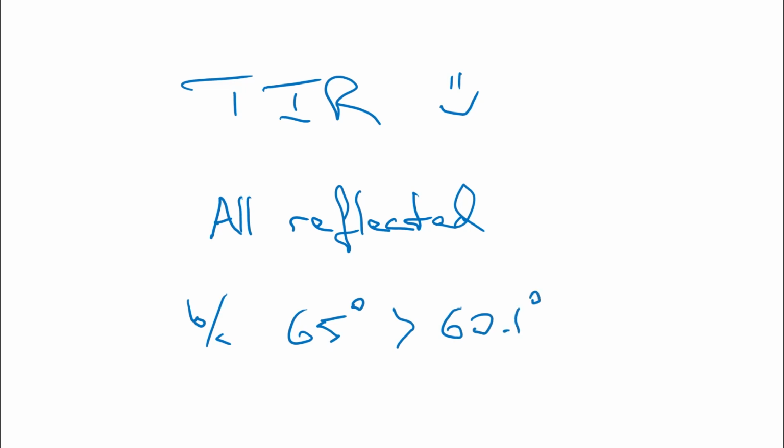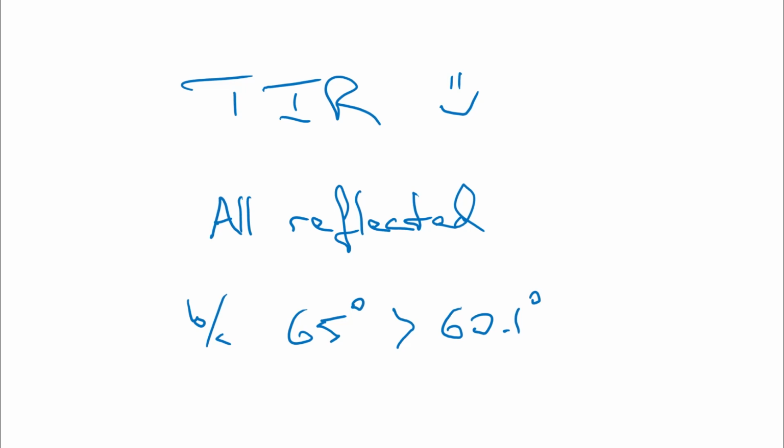All right, so in the previous question, we calculated the critical angle for light going from glass into water, and now they've given us an angle greater than that. Well, any angle of incidence greater than the critical angle leads to total internal reflection. So because the 65 degrees that the question has stipulated is greater than the critical angle that we calculated in part C, all of the light will be reflected. We have total internal reflection. Lovely. Let's move on to the last part.